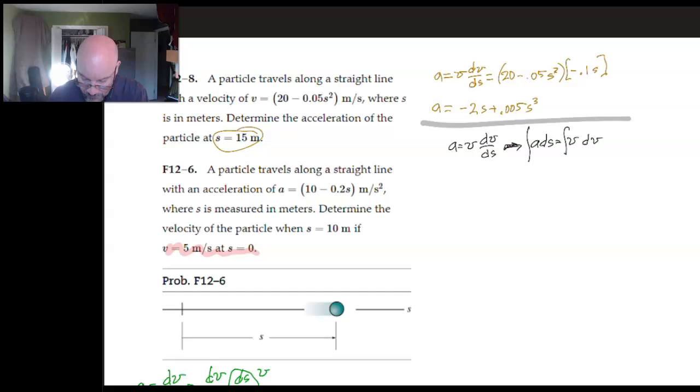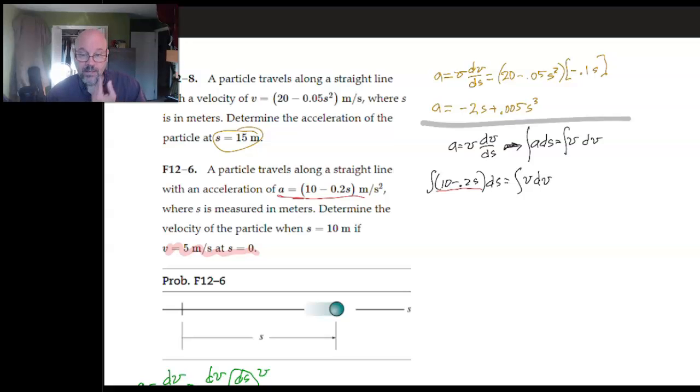If we have a as a function of s, which we do, we can stick that right in there. So I've got 10 minus 0.2 s ds. Did you see what I did there? That's my acceleration right here. And that's going to be v dv.